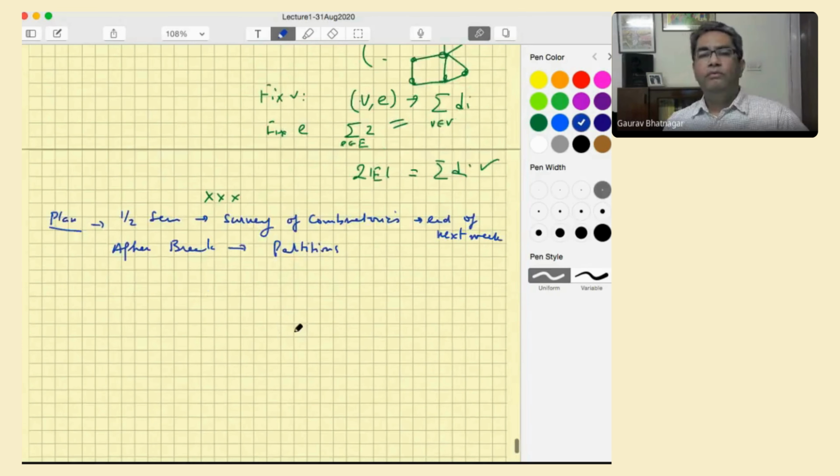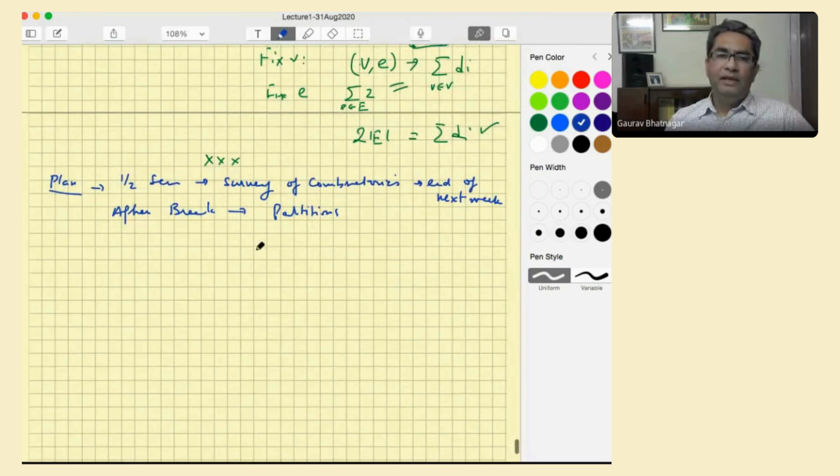Now that we started graph theory, there are a couple of theorems I want to do maybe today and tomorrow, and then a few more things before we get serious about partitions, plus a little bit of number theory.